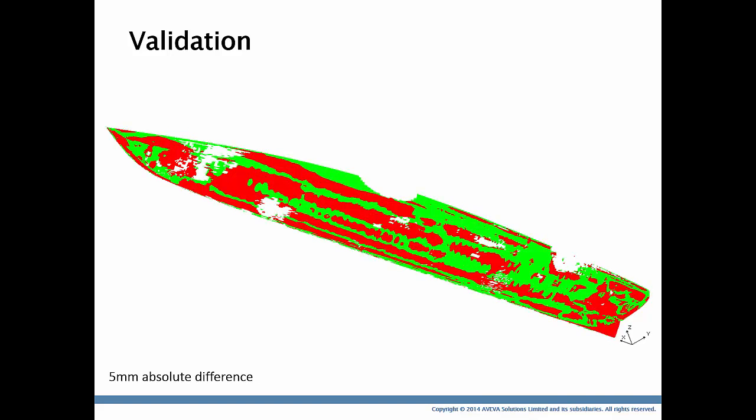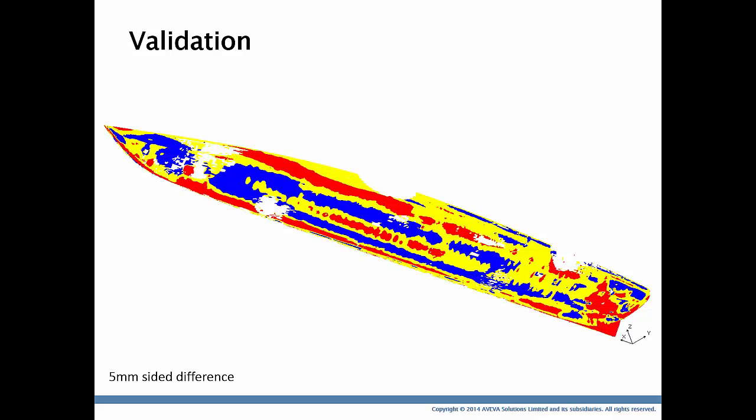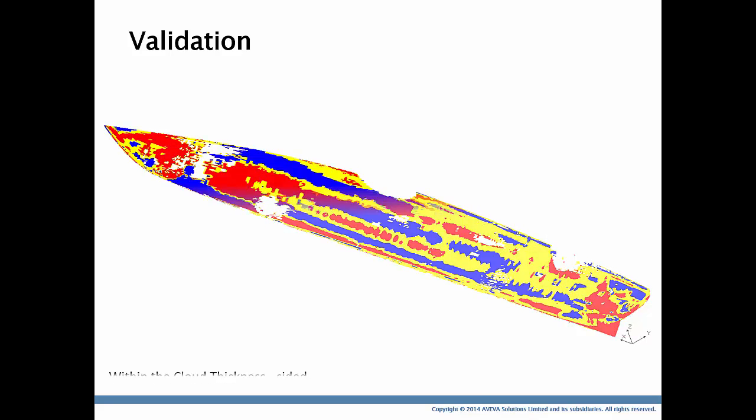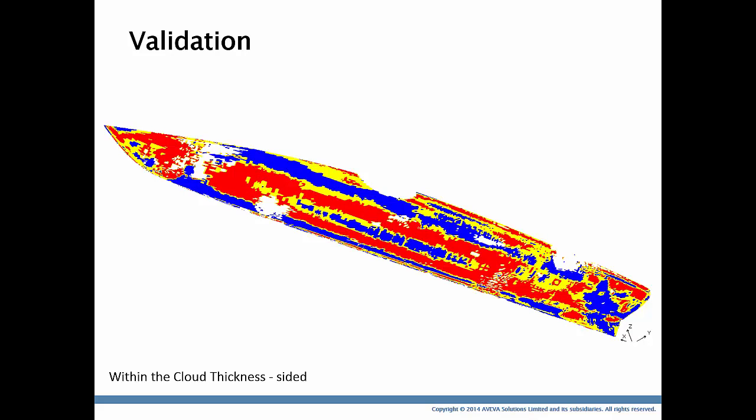We can up the tolerance and then we start to track down areas that might be worth improving. By looking at the sidedness, we can illustrate the surface being on different sides of the laser data. Another display that we could look at is whether the surface is actually within the thickness of the cloud.